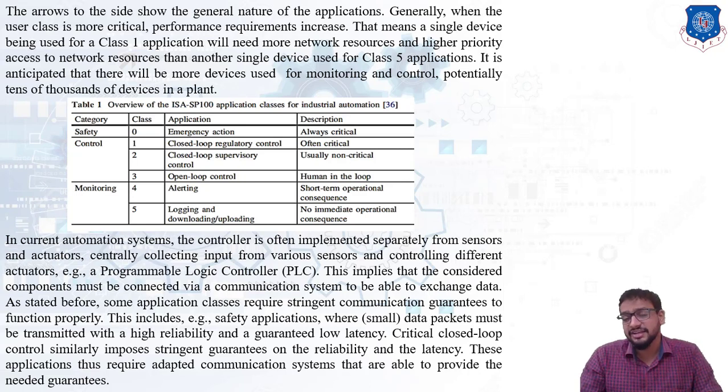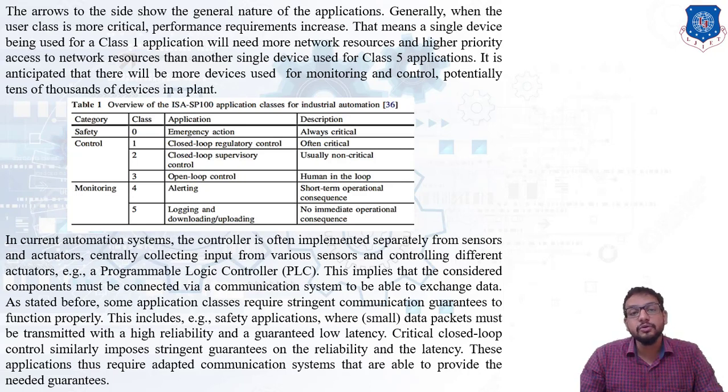Now what is latency? Latency is basically the time taken for transmitting data from the original source to the required destination. Obviously, the lesser the time taken, the faster the data transmission. So lower latency is the requirement, much lower latency is required. That is what is mentioned: class 0 will require high reliability and low latency.